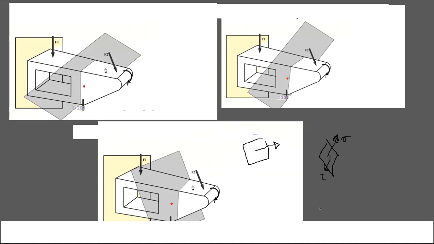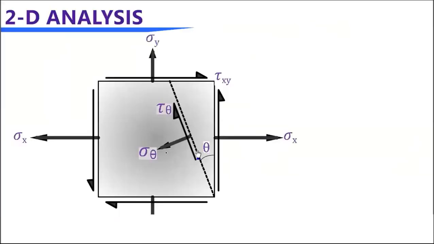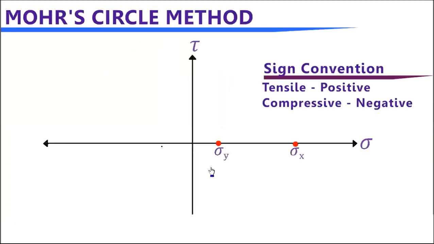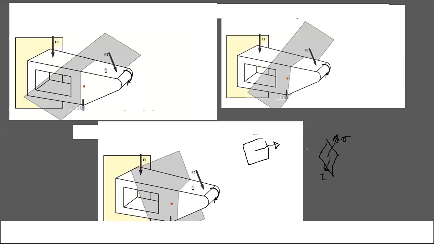So you have some stresses like this, and you have to determine on which plane you will have the maximum stresses, and we call it the principal stresses, right? Principal stress.